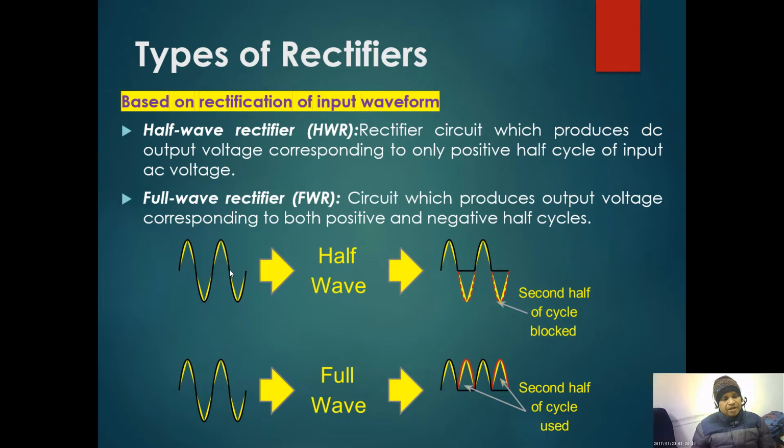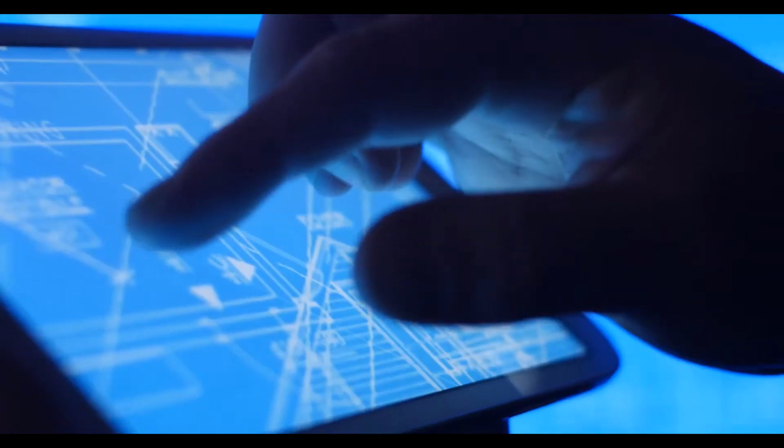When we rectify only half, you can see here, this is a half wave rectifier, and you get the positive half of the voltage waveform and the negative half is blocked. Similarly, in the full wave rectifier, you can see that all the waveforms are rectified, and the waveforms are on the positive side both.